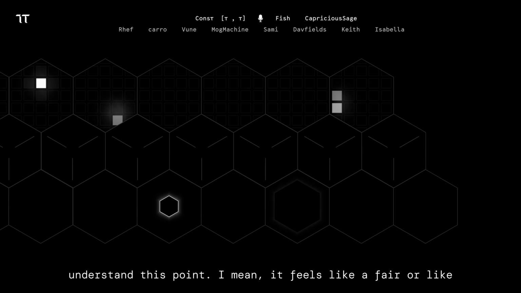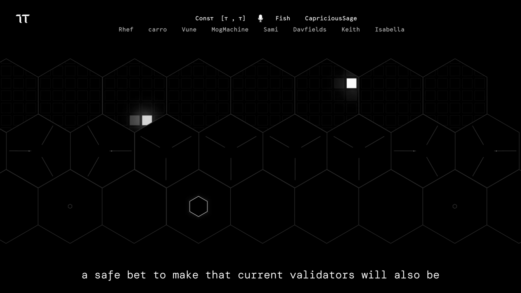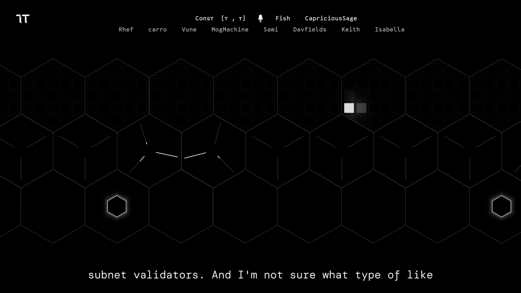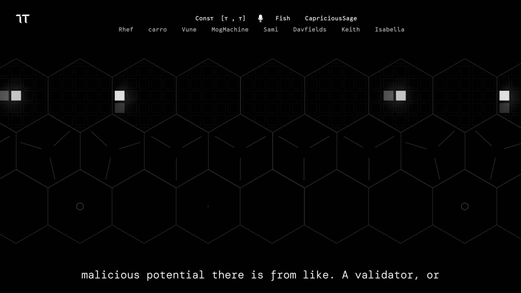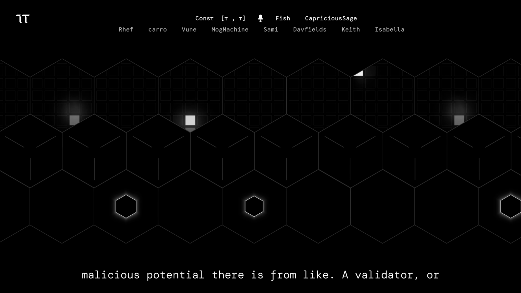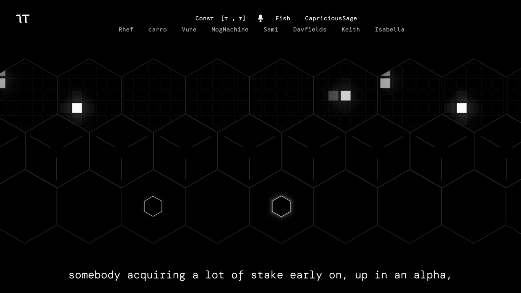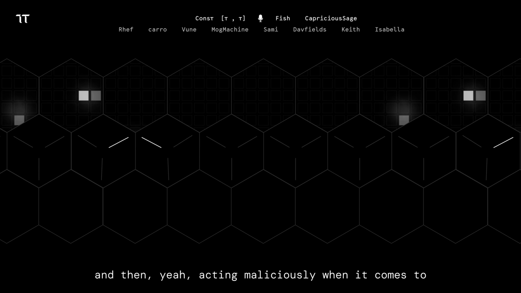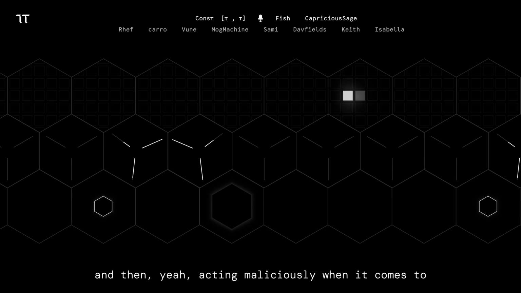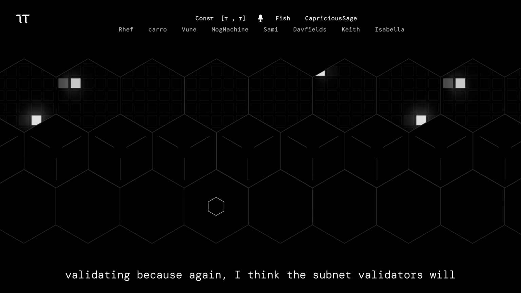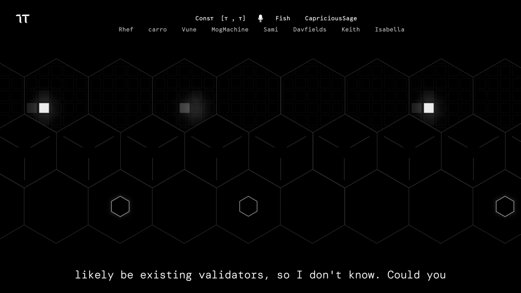I mean, it feels like a fair or safe bet to make that current validators will also be subnet validators. And I'm not sure what type of malicious potential there is from a validator or somebody acquiring a lot of stake early on in an alpha and then acting maliciously when it comes to validating, because again, I think the subnet validators will likely be existing validators.